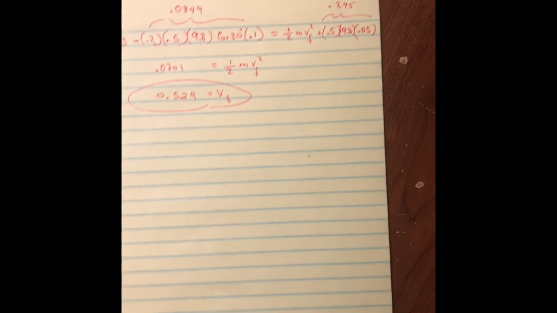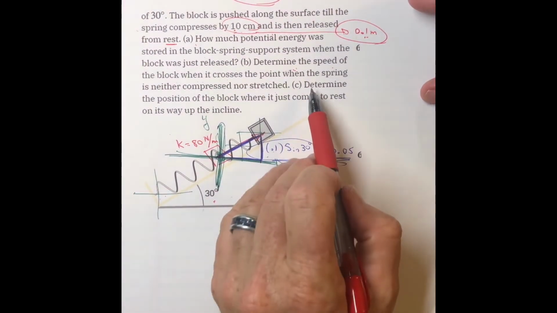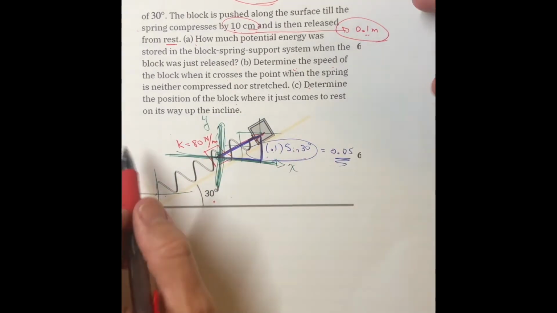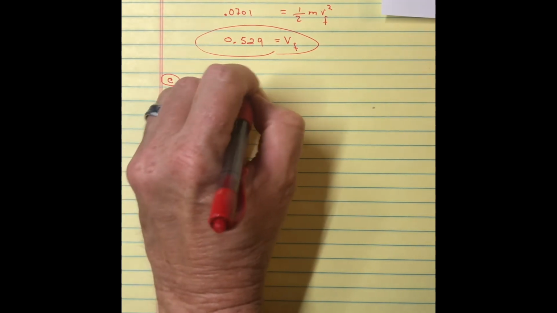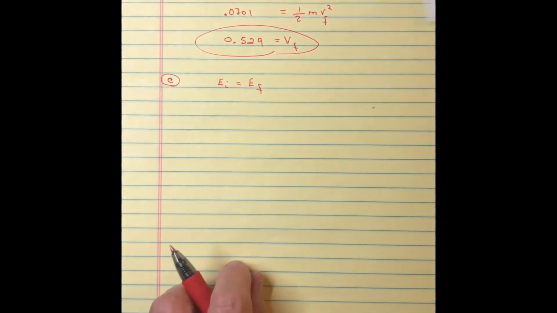Now, it's, again, a long problem, because we now have part C. It says determine the position of the block where it comes to rest. So I'm going to do the same logic, initial and final. And I kind of have a choice to make here.